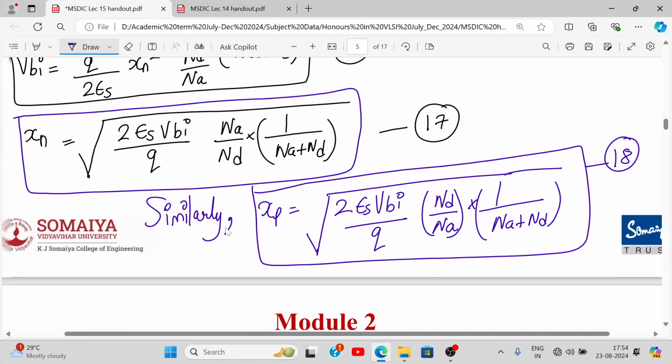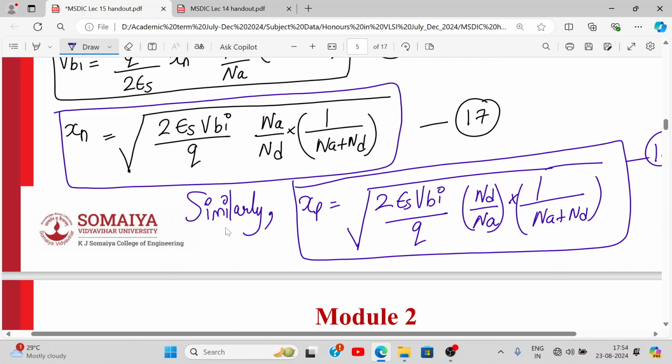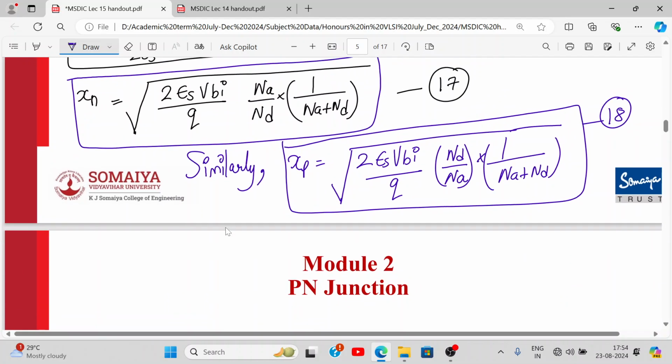So now total width will be xn plus xp, right? So W will be xn plus xp. Which of the terms will go? Will it add? Can I take it under the entire square root? Can I add them?